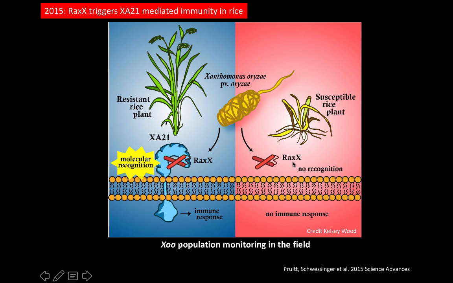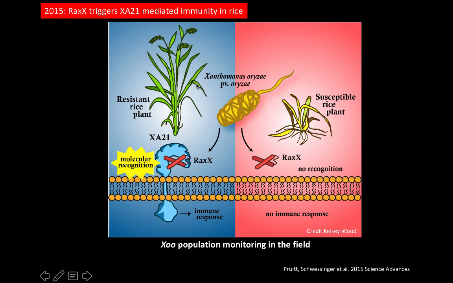On the other hand, if these bacteria infect plants which lack this immune receptor, RaxX is not recognized and the plant is susceptible. And so now we can use this knowledge to monitor bacteria in the field for having this molecule RaxX, and we can plant rice varieties which have this immune receptor and they're going to be resistant.